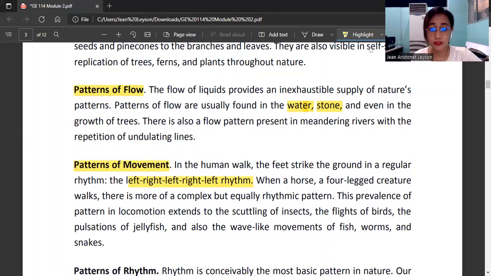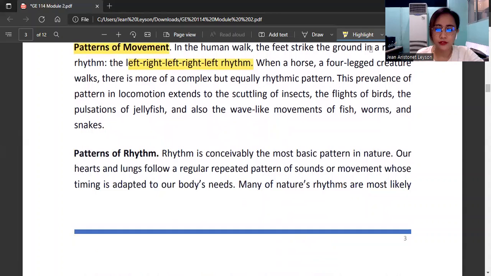Not just in humans, but also in animals, how they move. For example, the movement of snakes, they move in a certain pattern. Also in birds, how they flap their wings, we can also see patterns of movement in those actions.